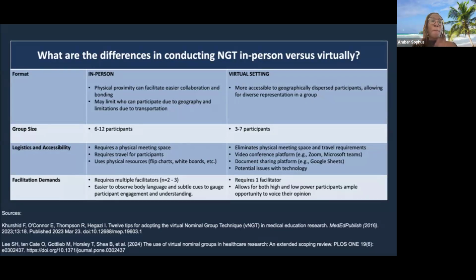For logistics and accessibility, in-person requires a physical space, requires travel for participants most times, and then it uses physical resources, flip chart, whiteboard, things like that. But virtually, it does eliminate that physical space and travel requirements, but you do need a video conferencing platform like Zoom or Microsoft Teams, and you do need to have a document sharing platform.